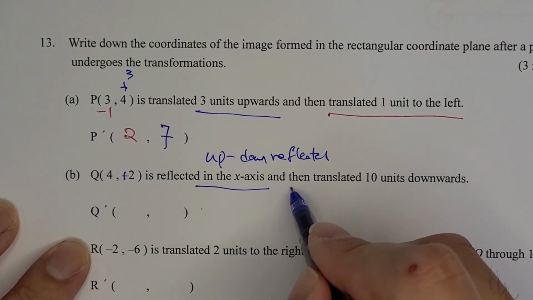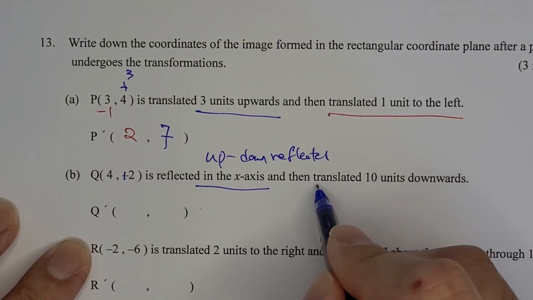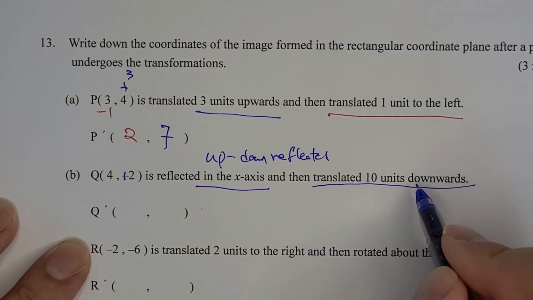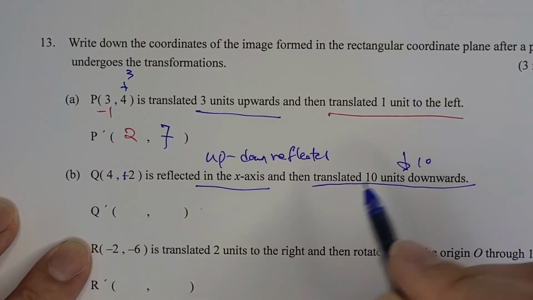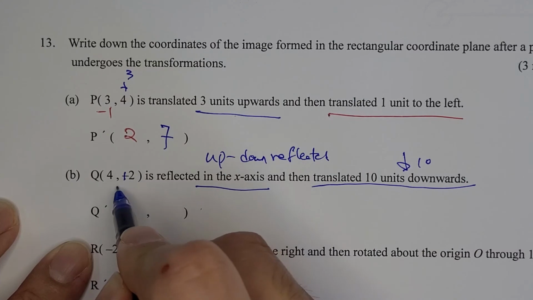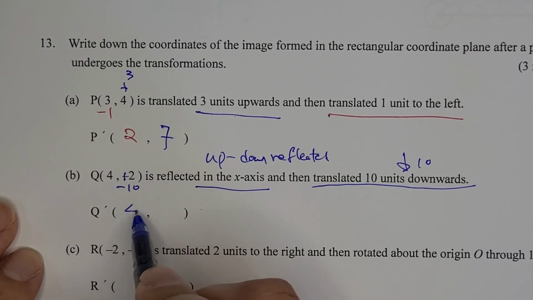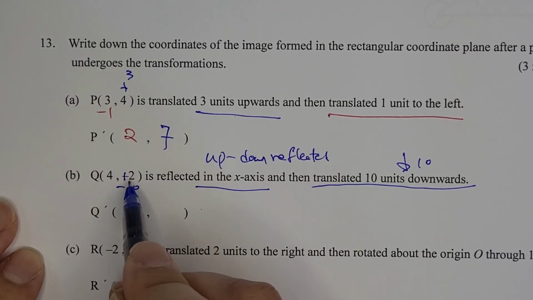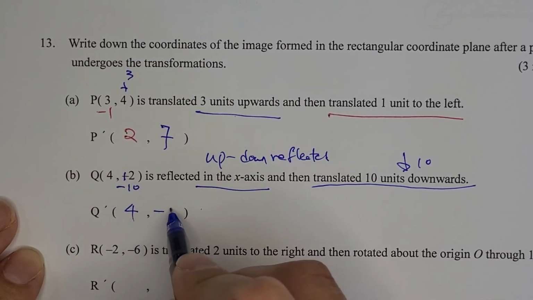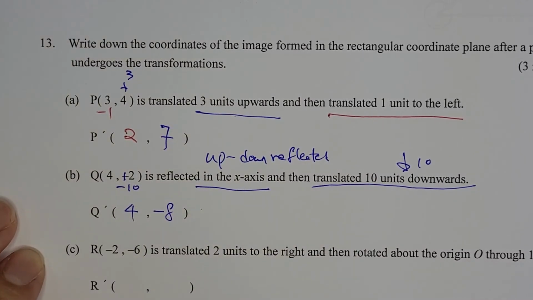And then the second action, translate, that means move, 10 units down. So +2 minus 10. You will see that in this action the x coordinate has no change, just 4. And the y coordinate is +2 minus 10, which is -8.